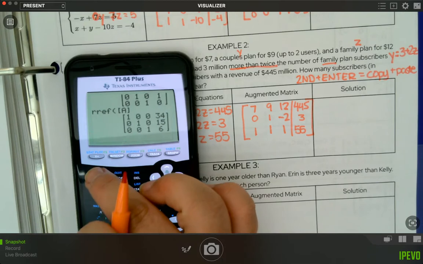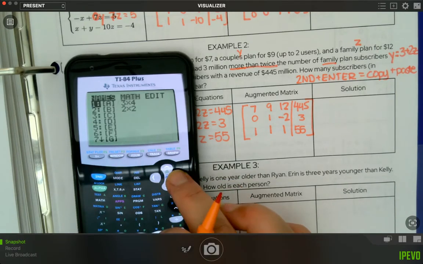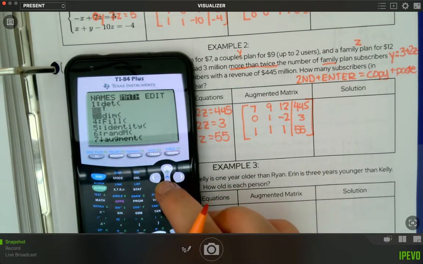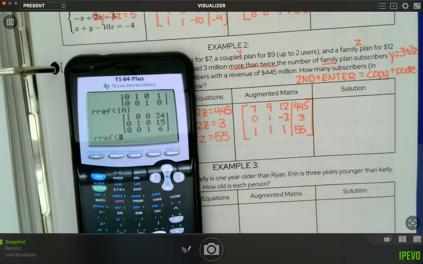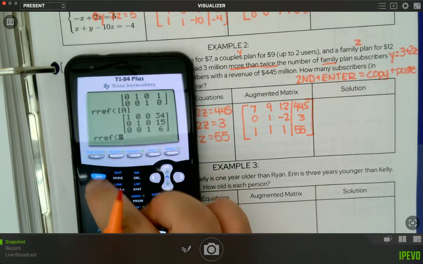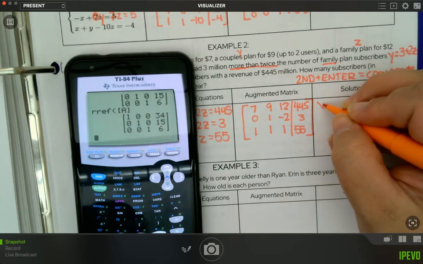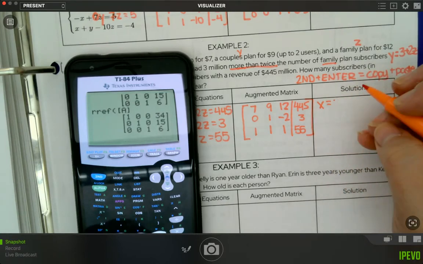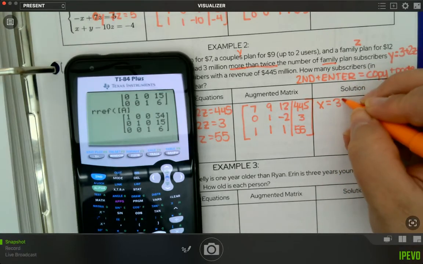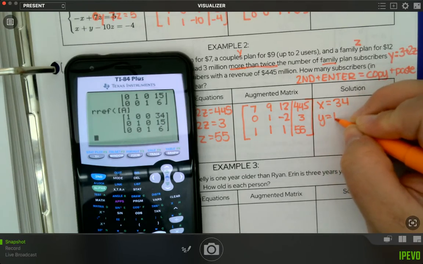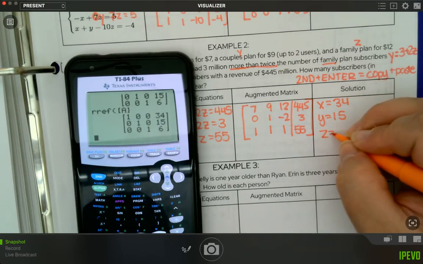Or you can go back to second matrix, math, scroll down until you see the RREF, hit enter, go back to second matrix and pick matrix A. Same answers. So X equals 34, Y equals 15, and Z equals 6.